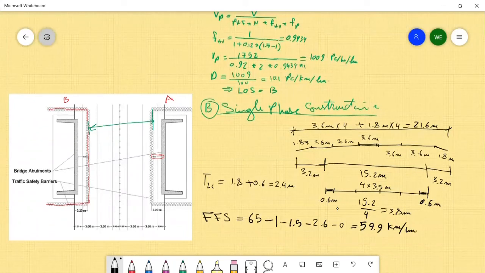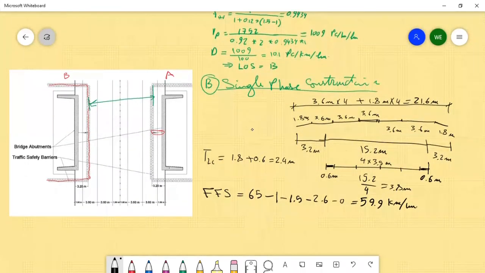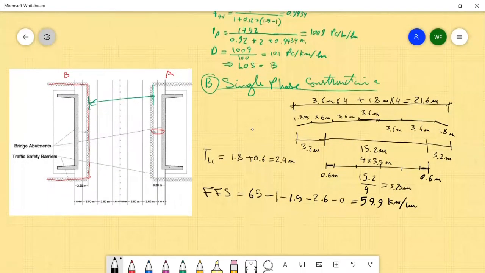Okay. So we have calculated before the VP, the equivalent lane volume. So the new density during construction will be VP divided by the new free flow speed. Let's see now.